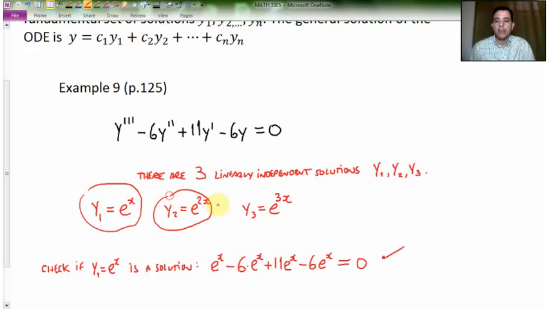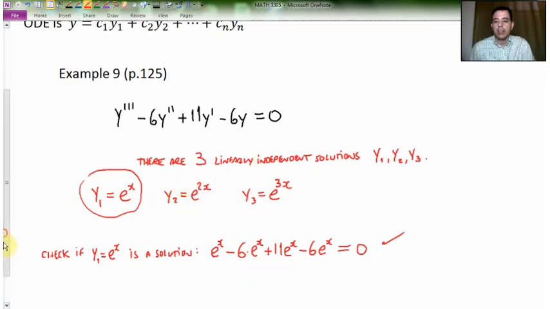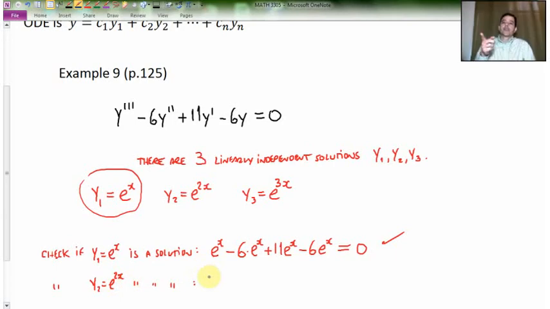You can check the other ones, and you will see that they are also solutions, like y2 equals e to the 2x. Let's check. The function is e to the 2x. The first derivative is 2e to the 2x.